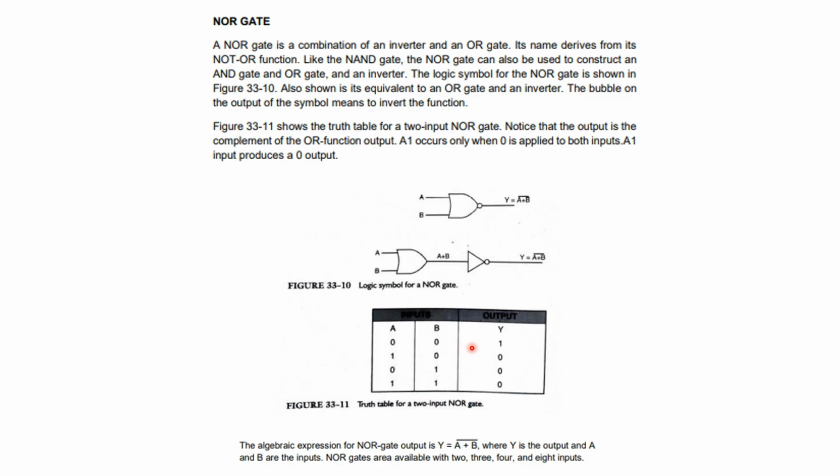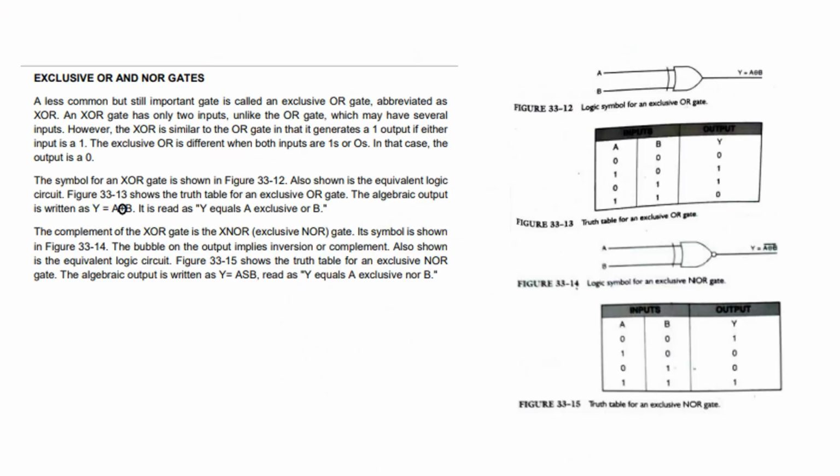So 0 plus 0 is 0. Then apply NOT, so it becomes 1. 1 plus 0 is 1, then you apply NOT, then it becomes 0. Same with the rest. Apply OR before NOT.